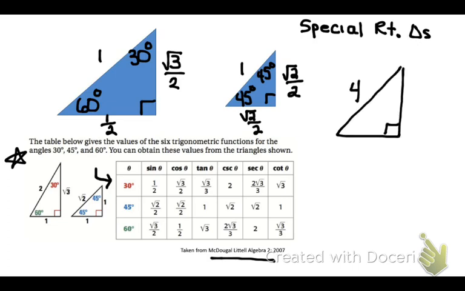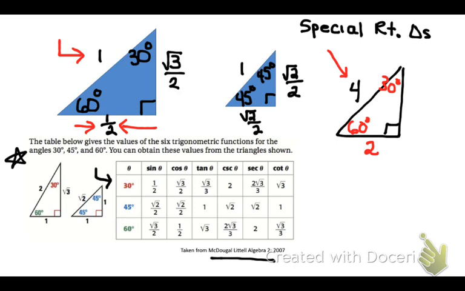Sorry, one more thing before we actually look at the chart. I want to go over why you might consider using this example up here where the hypotenuse is equal to 1. So for instance, what if we had a 30, 60, 90 and the hypotenuse was equal to 4? Well, if we know that this side is 1/2 of the hypotenuse, then it makes sense that it would be equal to 2.